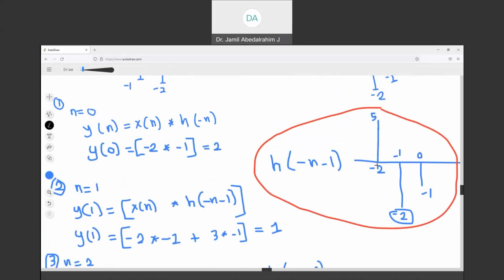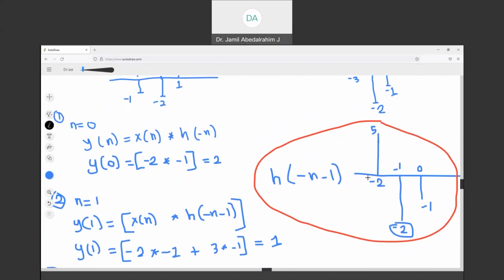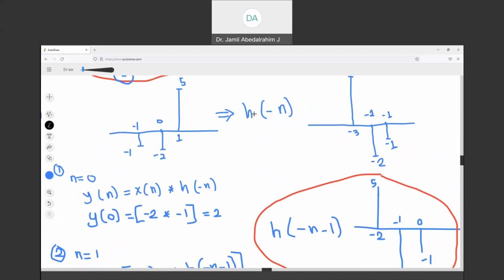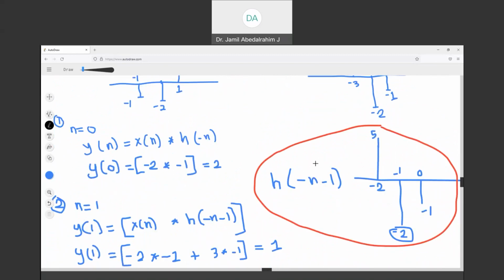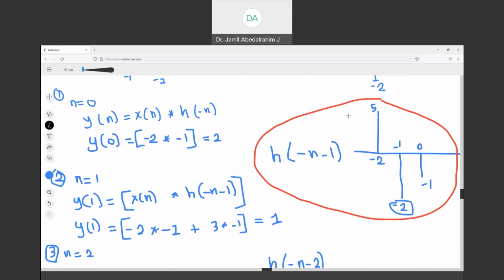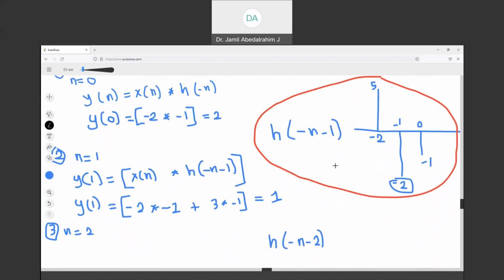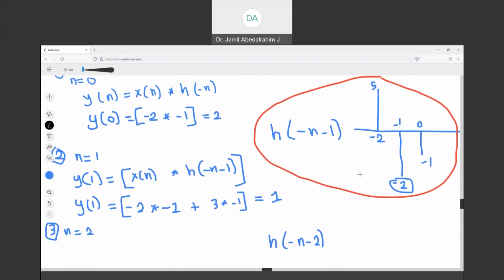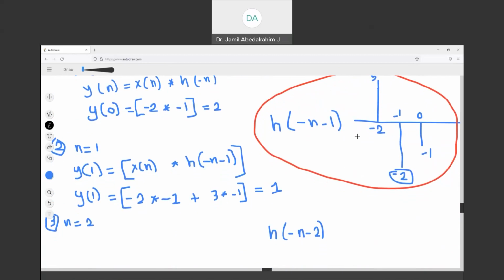I prefer the second option: we follow the last figure and do one more shifting by 1.